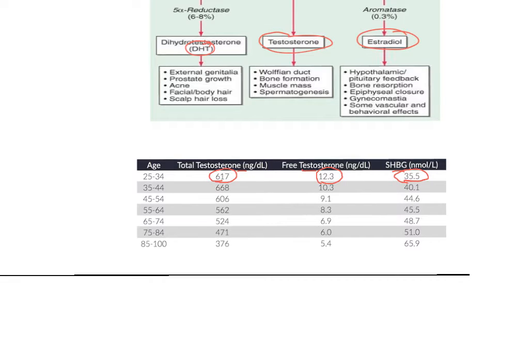By the time you get to 75 to 85, our testosterone levels have dropped to 471 for total. Free is only half of what it was between 25 and 34, and then sex hormone binding globulin levels go up, so we're binding up more of that testosterone, not allowing it to enter into the tissues. So that's a typical progression we see with free and sex hormone binding globulin with age.